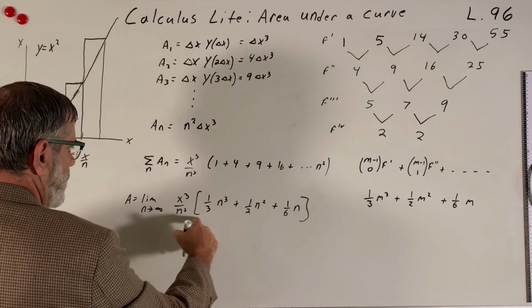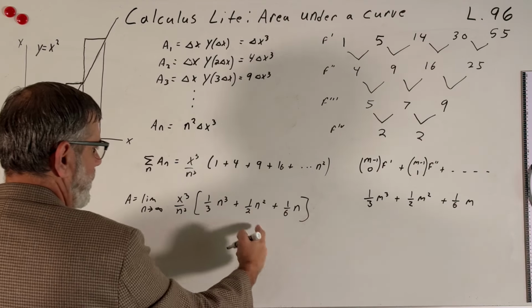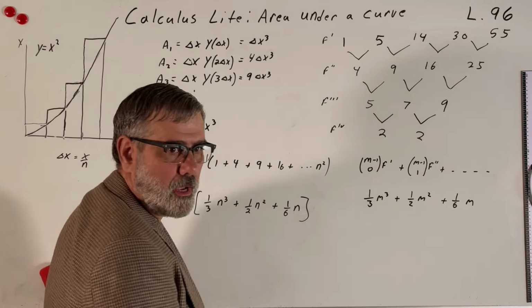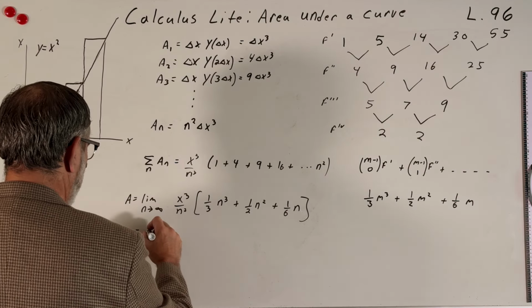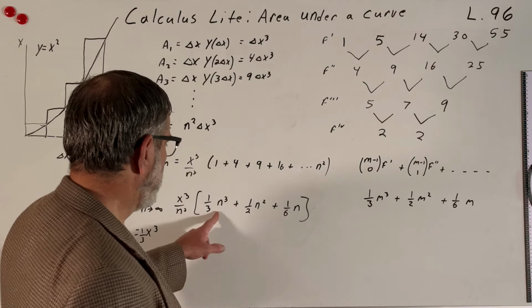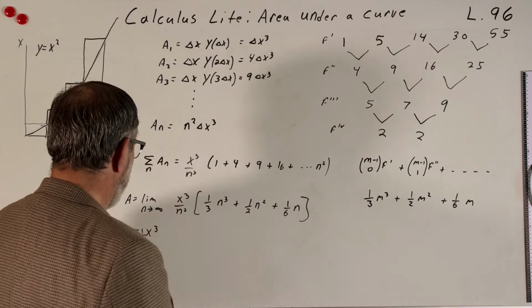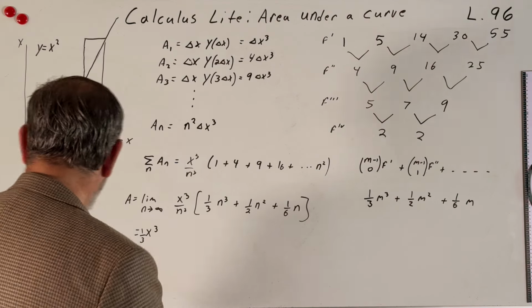You can see that in the first term the n's are going to cancel out completely, and that these other terms will always have an n or an n squared in the denominator, right? So this is going to be equal to x cubed times 1/3, just this first term here. 1/3 x cubed. Okay?